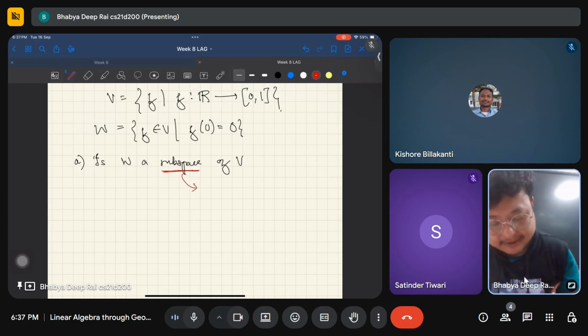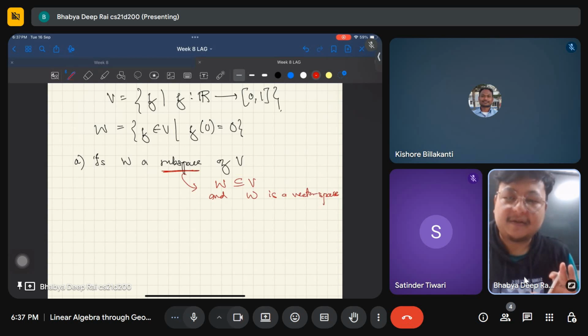W will be a subspace of V if the set W is contained in the set V, and W is a vector space. It is a subset and it is a vector space itself. Then W is called a subspace. Is that clear?